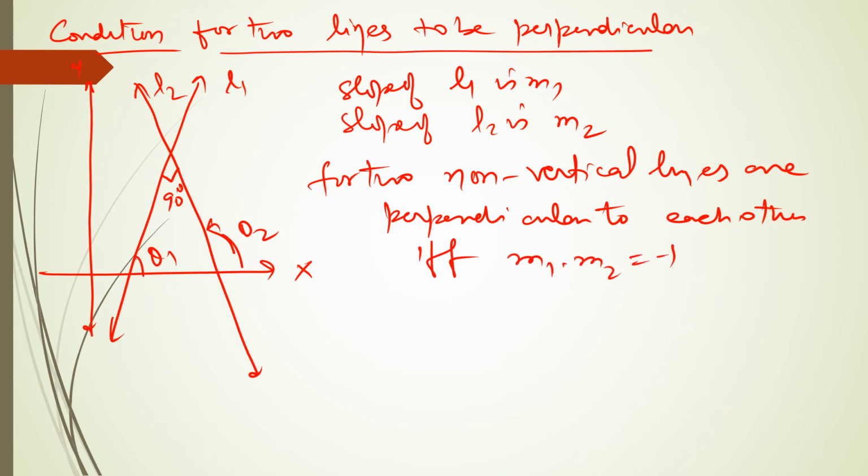That means the product of the slopes of the two lines will be equal to minus 1. So we can say this is the condition for two lines to be perpendicular in terms of slopes. Now let us come to another topic, which is the angle between two lines in terms of slopes.